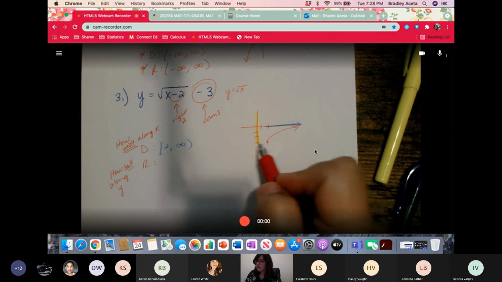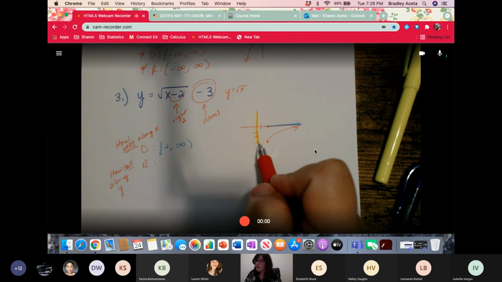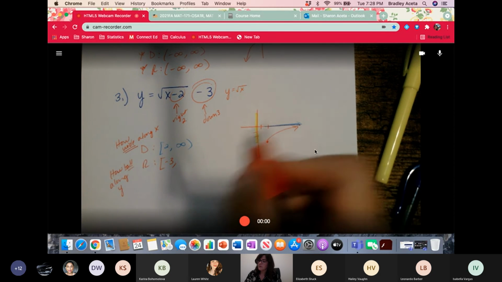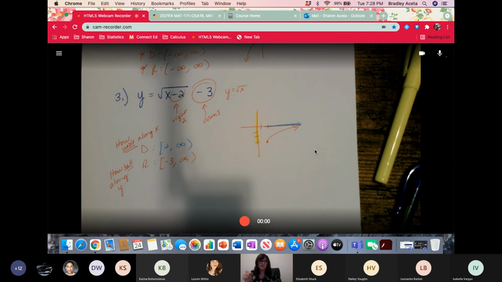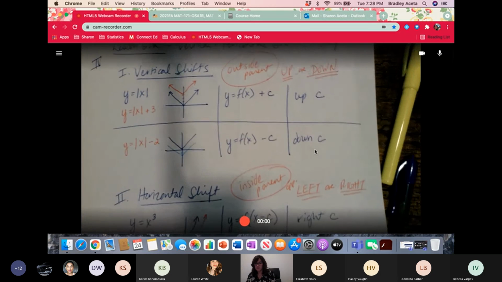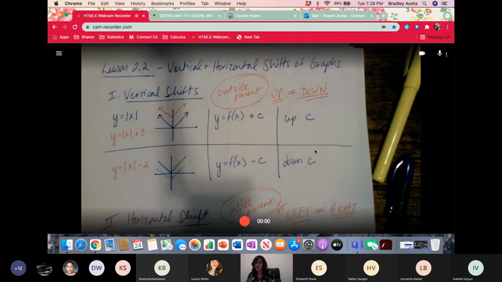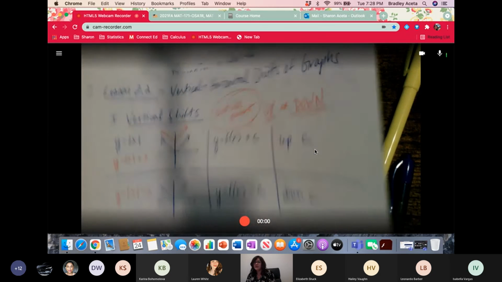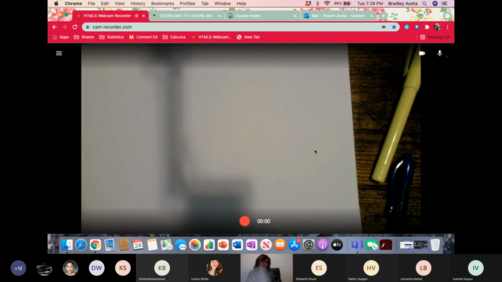So its lowest bound is this y value right here, which is -3. And then it goes to positive infinity. And so that's how you determine domain and range. So that is 2.2. So all about vertical shifts and horizontal shifts and this idea of domain and range.